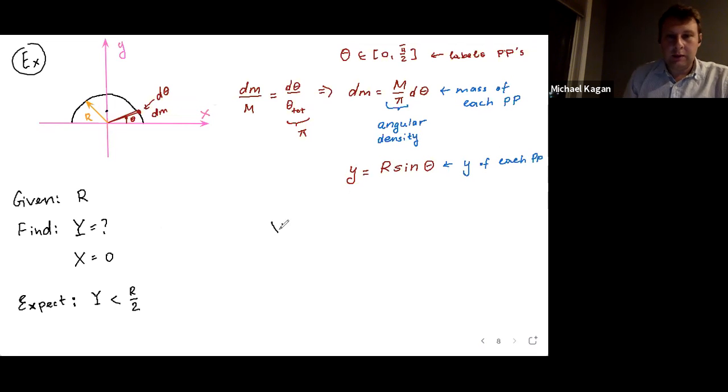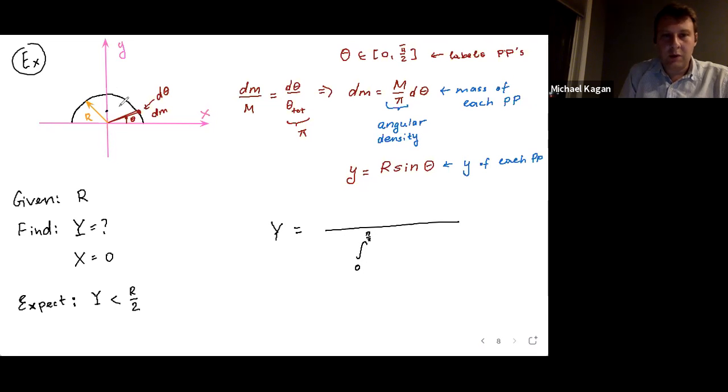Right? You can say that y equals the integral. You integrate, let's put the limits already. The limits are from 0 to pi over 2, right?